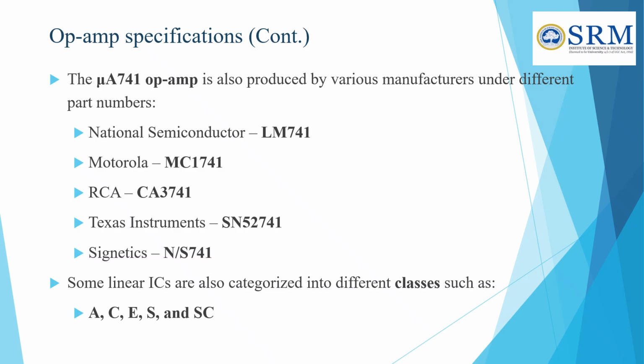Some ICs are further classified into categories like A, C, E, S, and SC. These classes usually indicate performance levels, accuracy, or temperature specification. So when selecting an IC, we should not only look at the number like 741, but also the prefix and class designation.